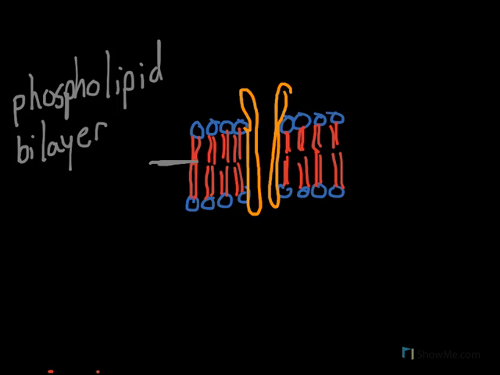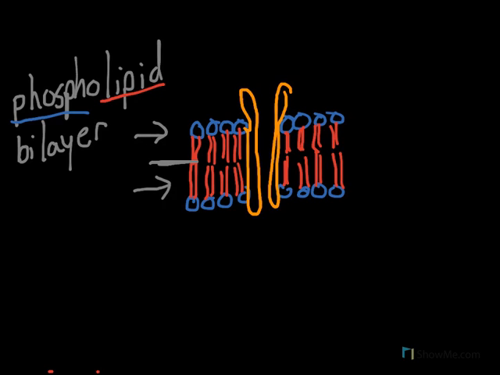Phospho meaning the phosphates, those are in blue. The lipids, which are in red. And basically there's a bilayer because there are two layers, sorry about that, we have a lipid, one of the layers is here and one of the layers is here.